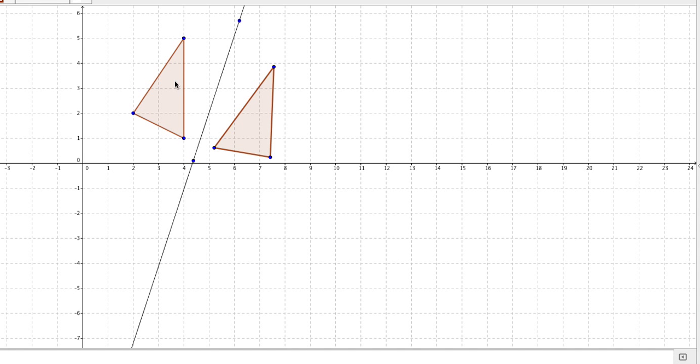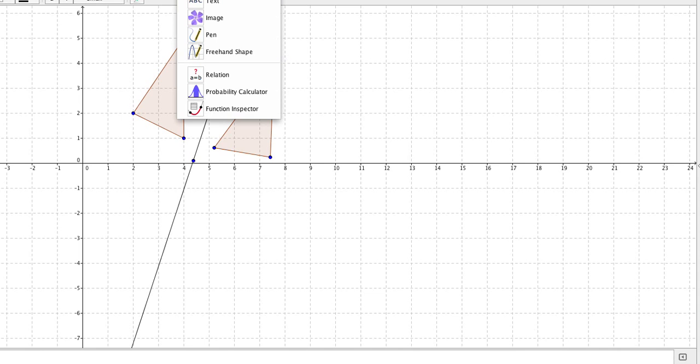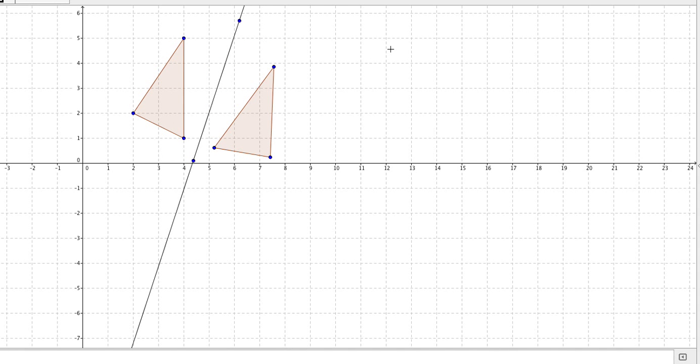Now, one good thing about reflection is that you can do this with any type of figure. Let's say I want to reflect this happy-go-lucky dude, and we want to reflect it over a line as well.